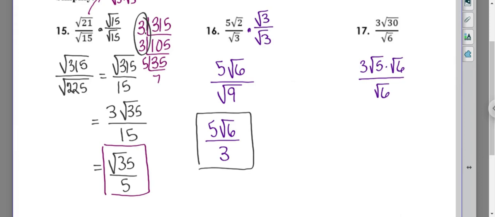I have a square root of 6 over a square root of 6. Can I just factor that out? It's gone. And there's your factor.